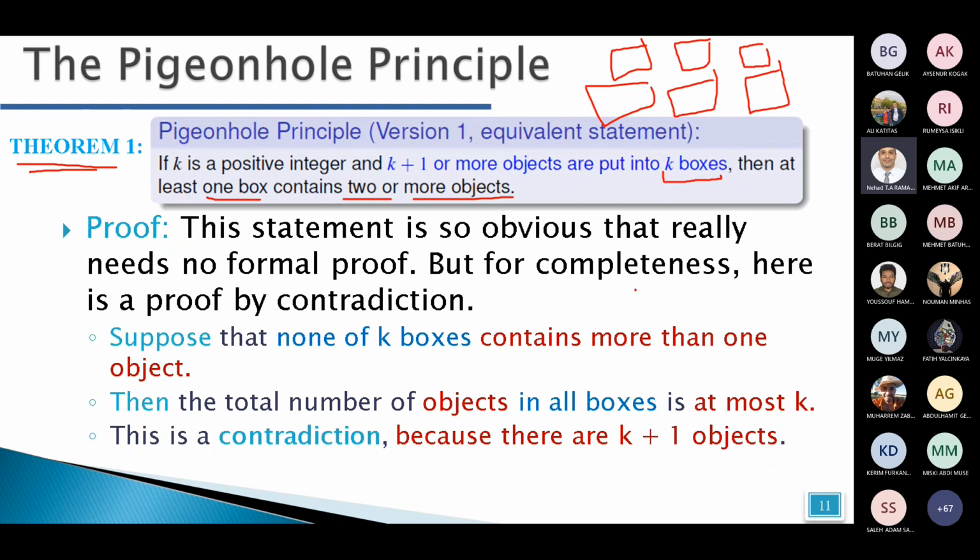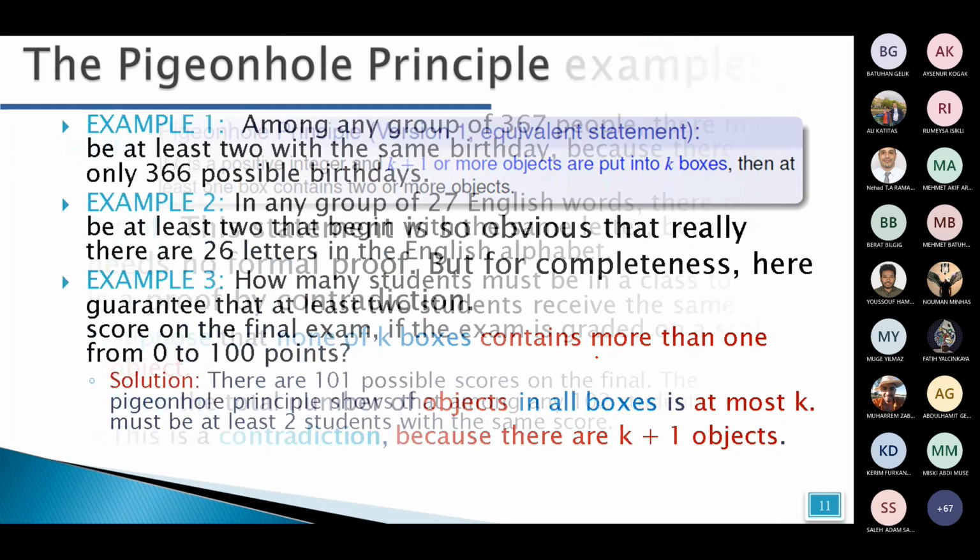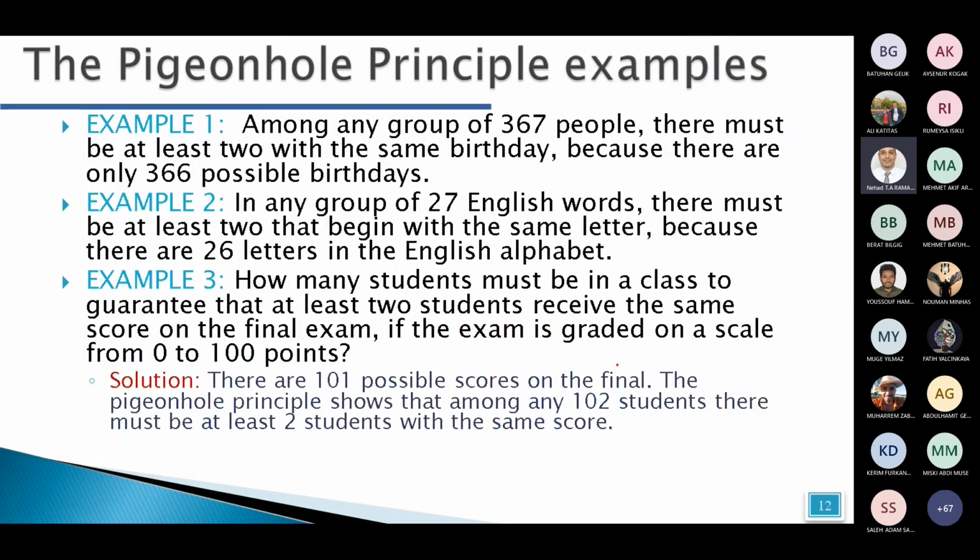This is common sense that does not need any proof. However, you can read the proof. I will not waste our time on the formal proof here. Okay, let's take some examples of using the Pigeonhole Principle.